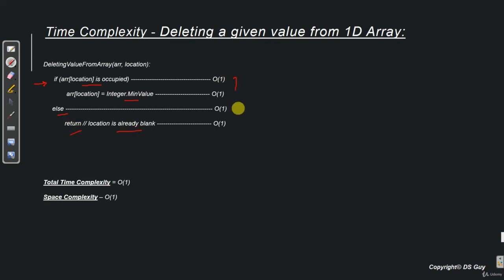So all these operations are constant time operations and can be done in order of 1 time. When we add all these order 1, we get order of 1. Similarly, space complexity will be order of 1, and the reason is that we are using some temporary variables, but again that is not in proportion to the size of the array.